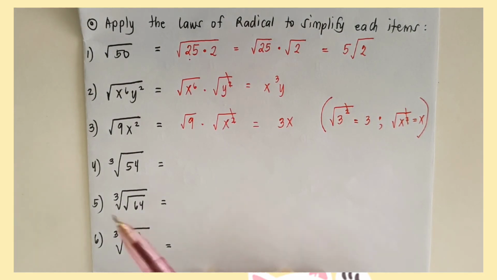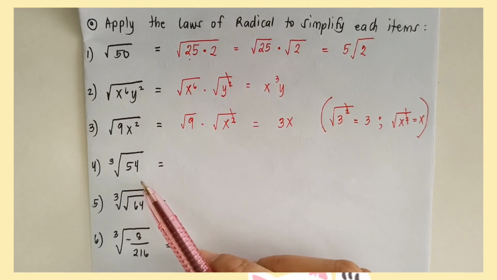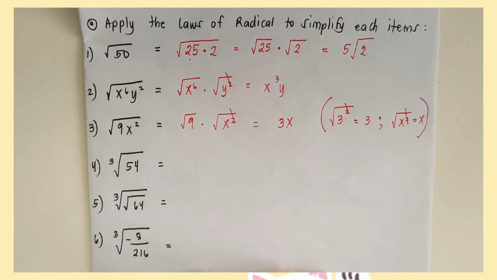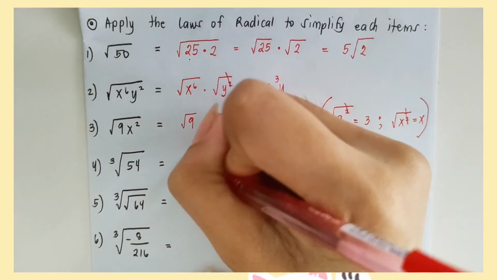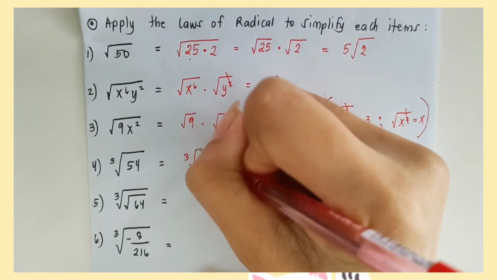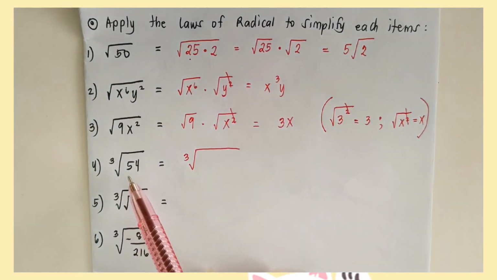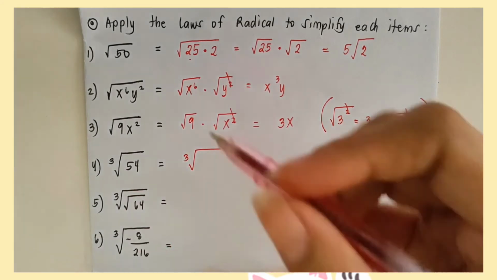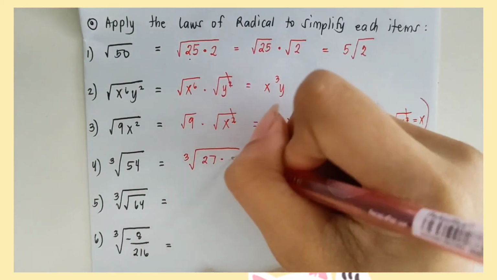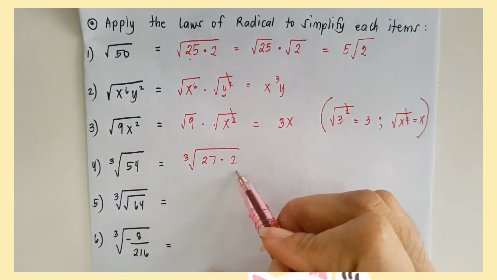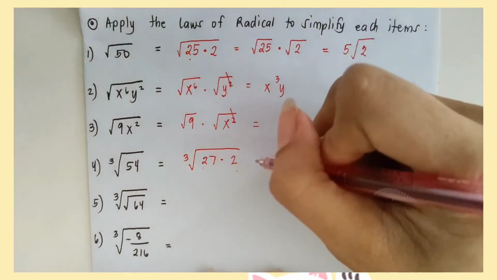Number 4, the cube root of 54. Okay, this is the same with the cube root of, what are the factors of 54 wherein one of them is a perfect cube number? Very good. We have 27 and 2. 27 times 2 is 54.